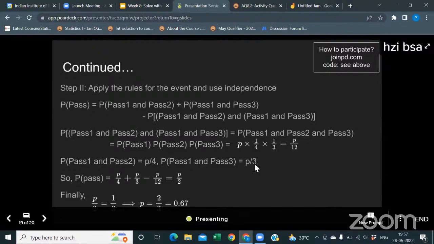Now, just put the values in the previous one. It will be P by 4 plus P by 3 minus P by 12, which will be P by 2. Finally we get P equal to 2 by 3, which is 0.67.